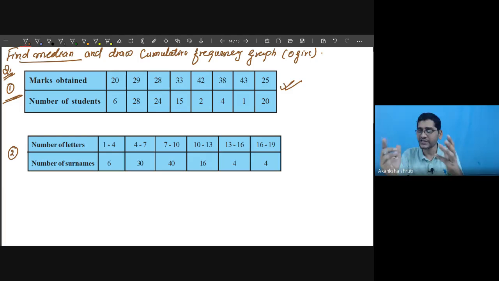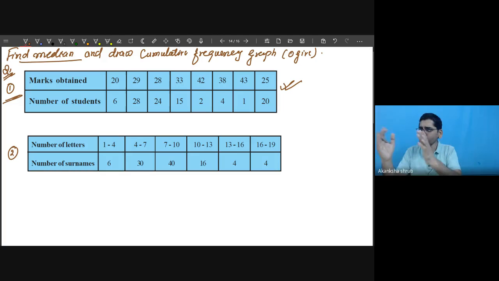Even good students are committing this mistake, and they always think that even the first one is grouped data. In fact, the first one is ungrouped data written with the help of a frequency distribution. Taking the help of frequency simply means the number of times of writing this 20 is reduced.